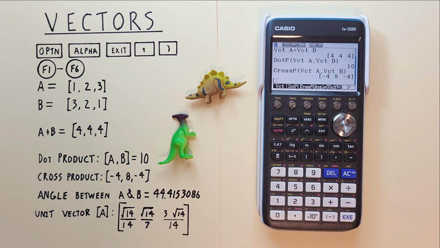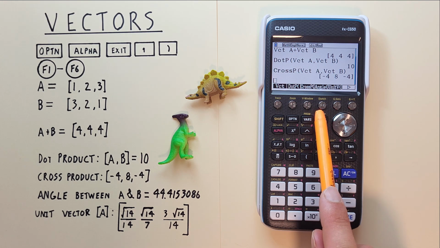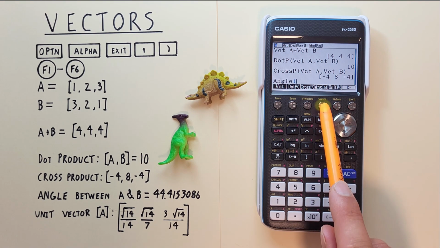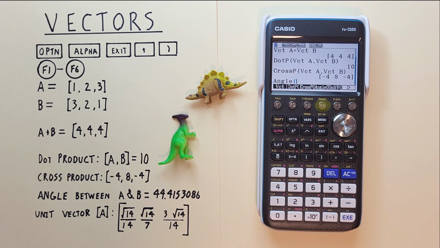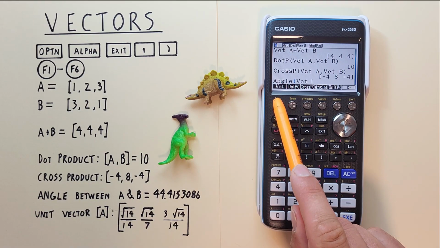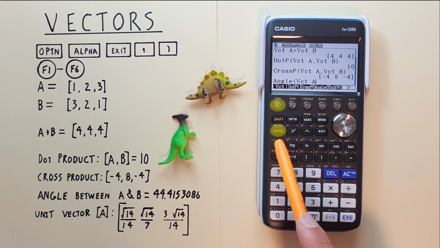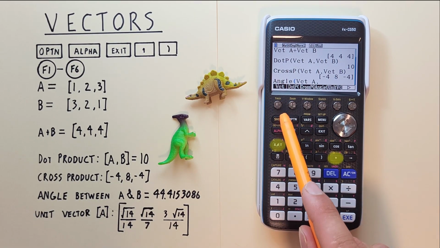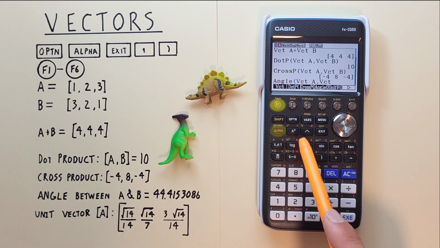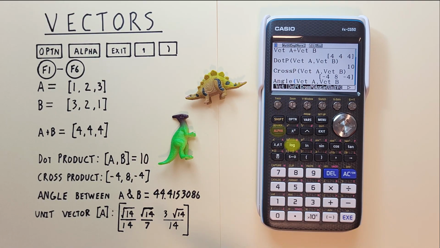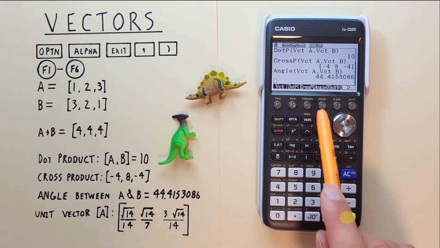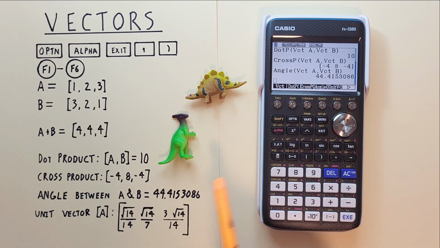What about the angle between our vectors A and B? To do that, we select F4 here, angle, and then again, just enter our vector alpha A, comma, vector alpha B, close our bracket, hit exe, and see we get this result, which is correct.